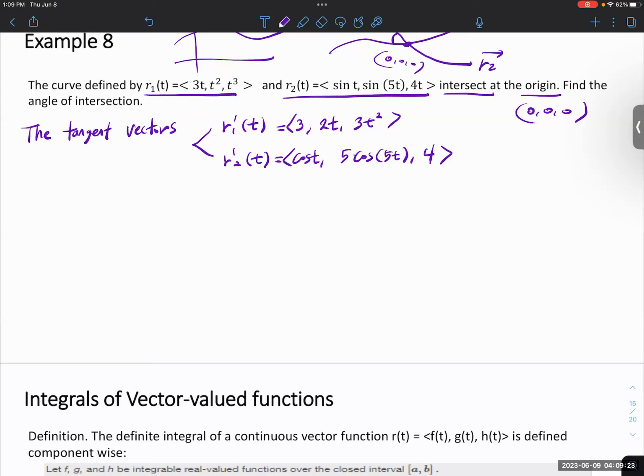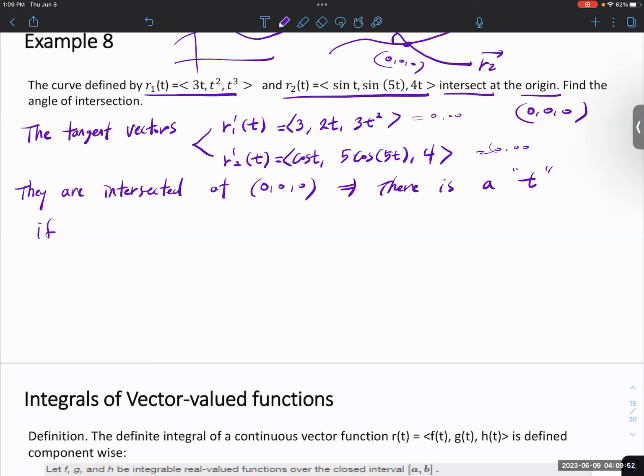So what happened? They intersect at 0, 0, 0. I want to know when t equals some number, this is going to be 0, 0, 0. To find that, think about it.